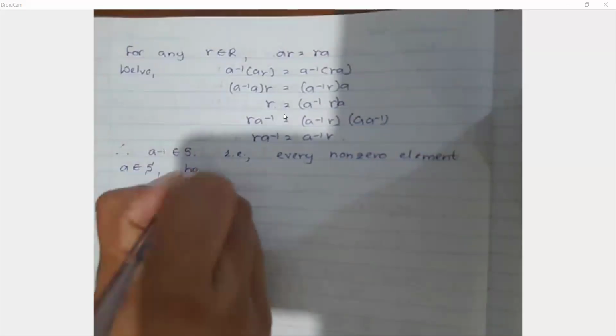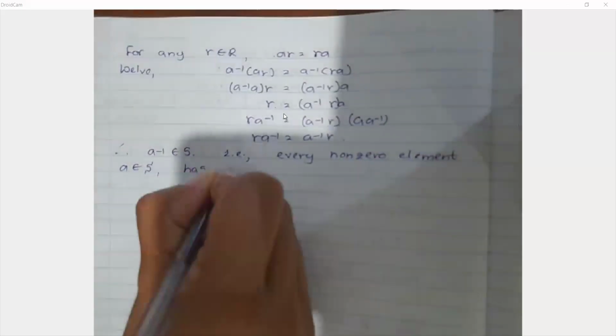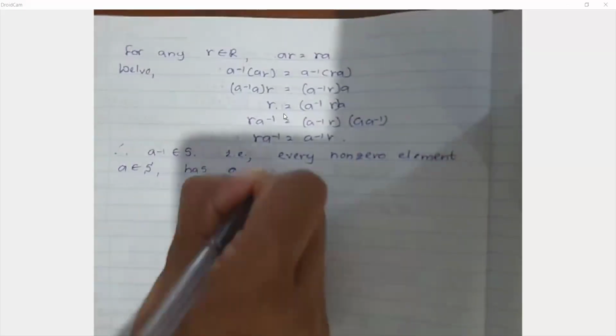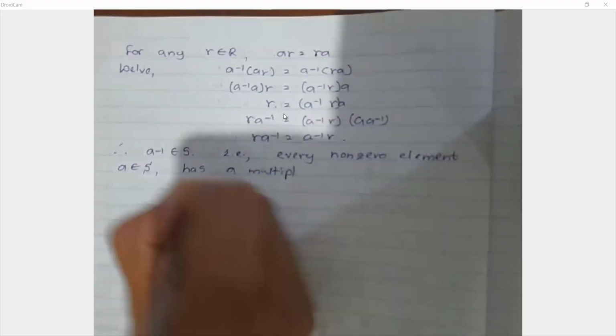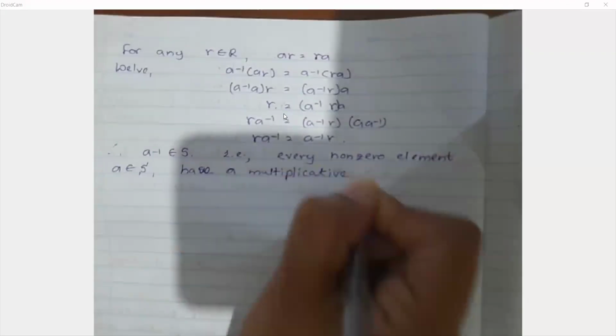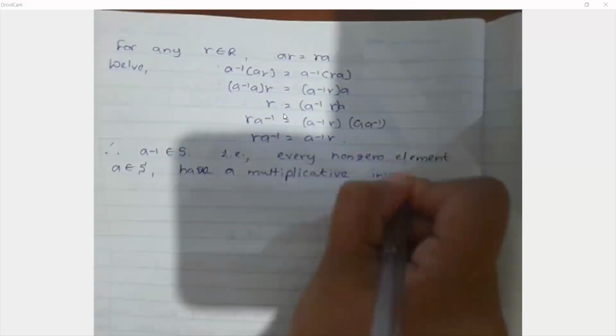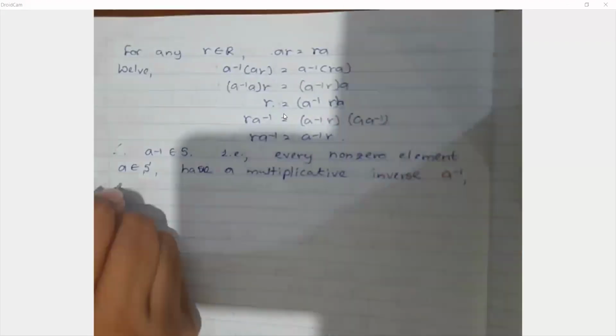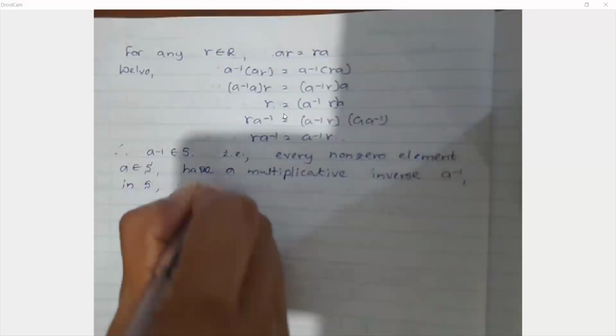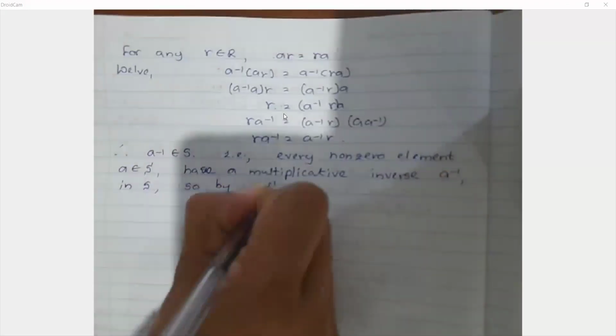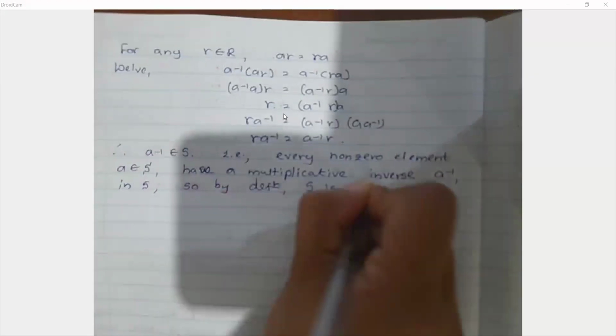Every non-zero element A in S has a multiplicative inverse A inverse in S. So by definition, S is a division ring.